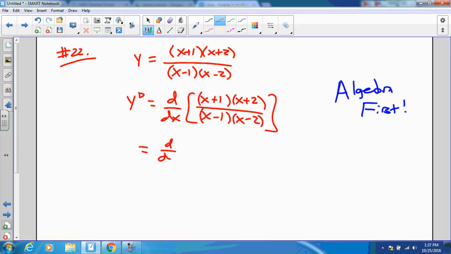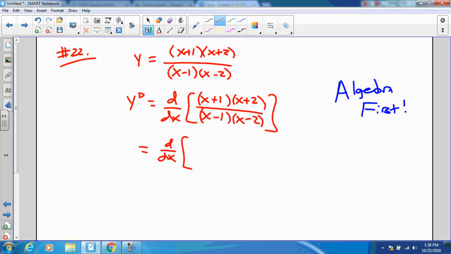Does anybody see some basic algebra that can be done here? What do you see here that could be done?